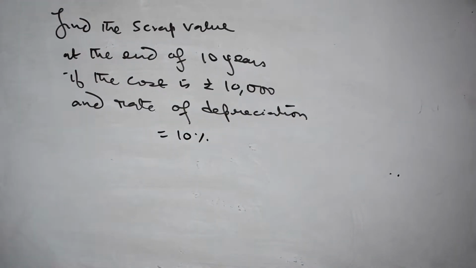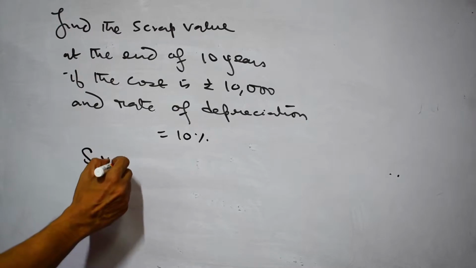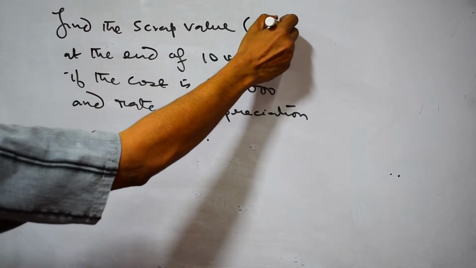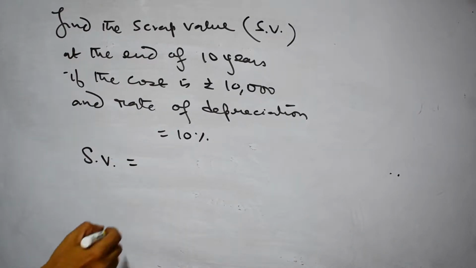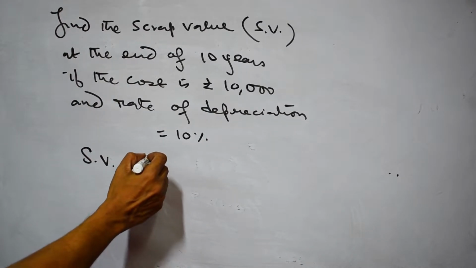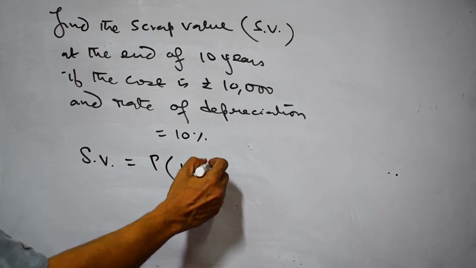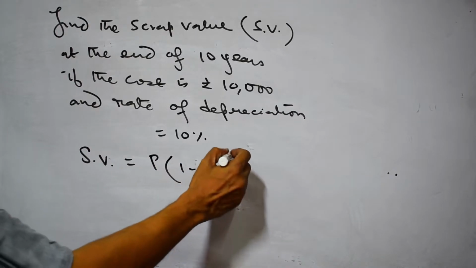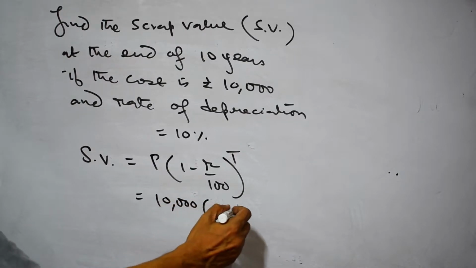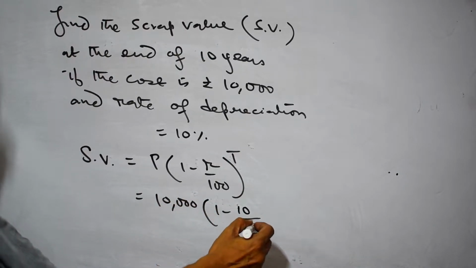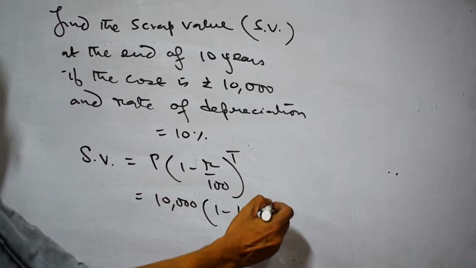Therefore the scrap value, if I write SB as scrap value, is P into 1 minus R by 100 whole to the power T. Here, 10,000 into 1 minus 10 by 100 to the power 10.